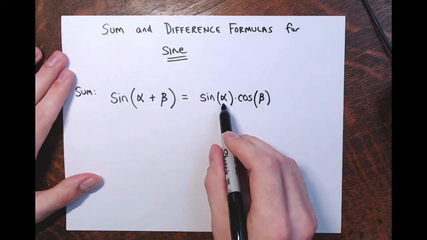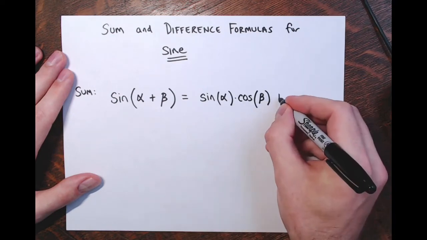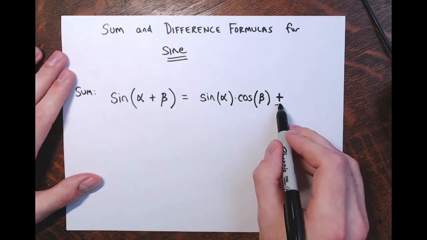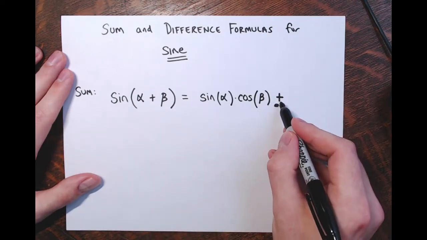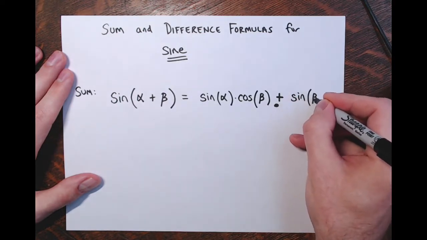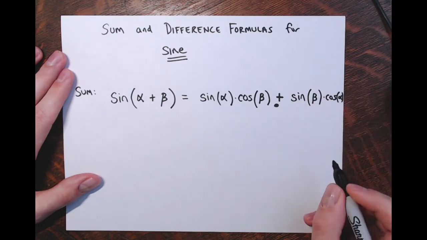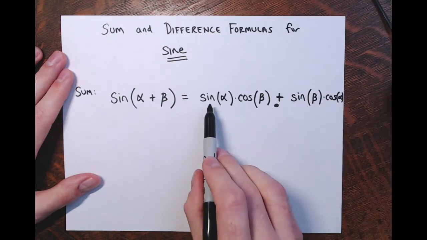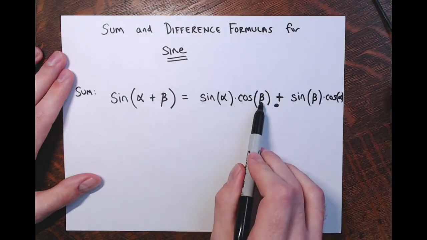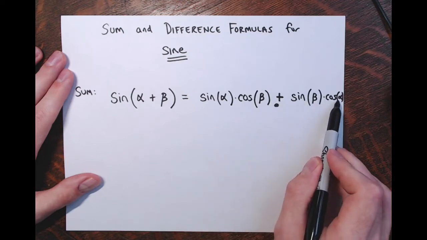So we have the sine of alpha times the cosine of beta, plus, so the sine of a sum is also a sum, and then you just switch the angles: the sine of beta times the cosine of alpha. So it's the sine of the first angle times the cosine of the second angle plus the sine of the second angle times the cosine of the first angle.